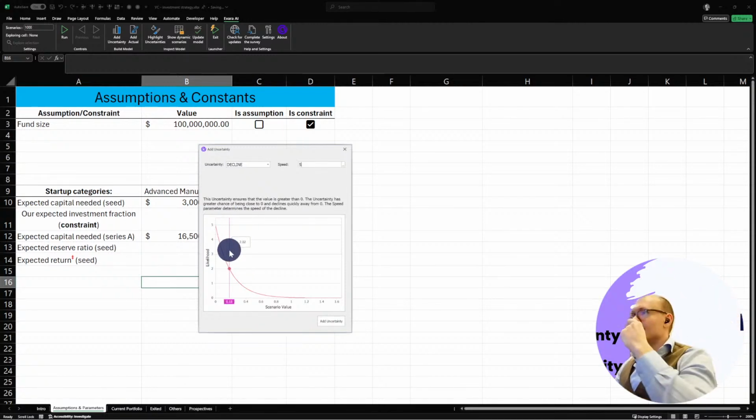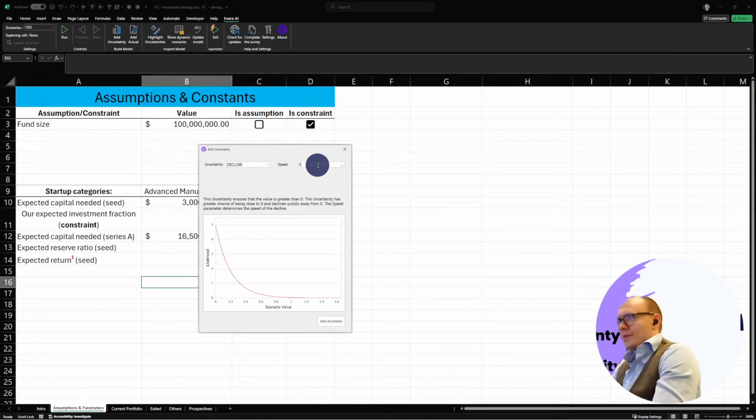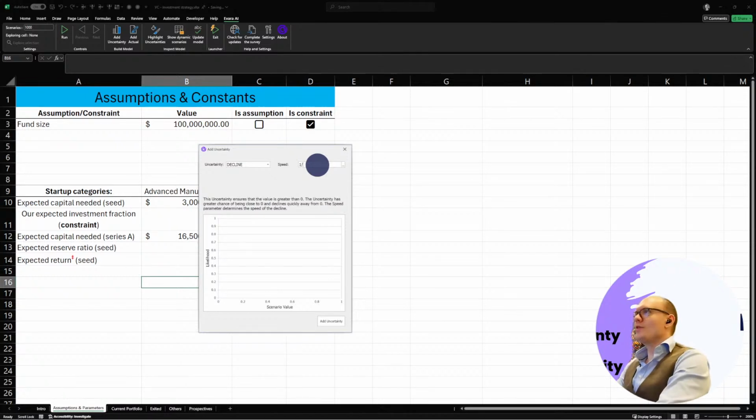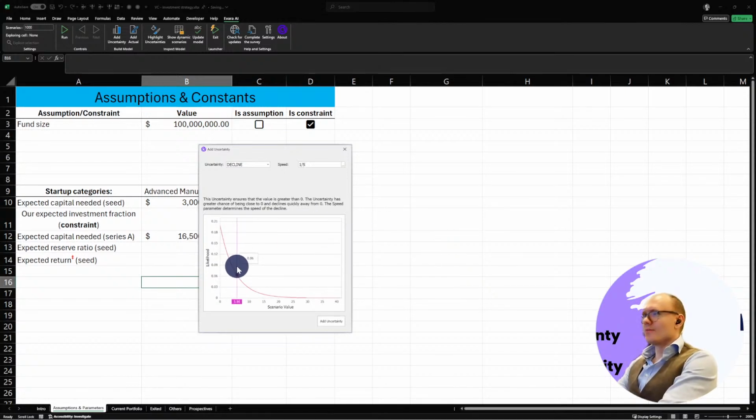But firstly, very briefly, what we should know about this decline is that its expected value can be expressed by saying 1 divided by this expected value. And so, for instance, if I want the scenario to be 5 on expectation, I'll do 1 divided by 5. You can see here, 5 is roughly here, and then you might say, well, it's not symmetric.